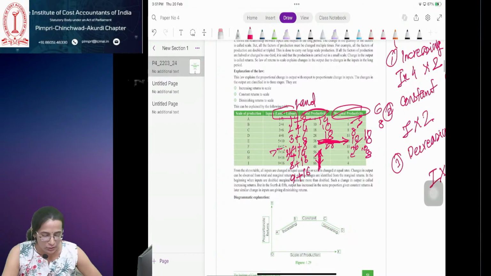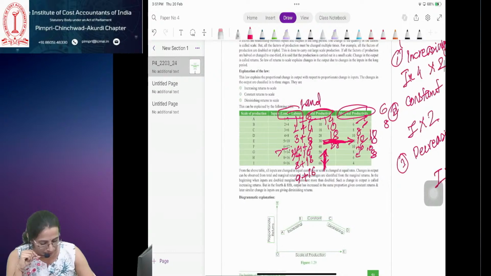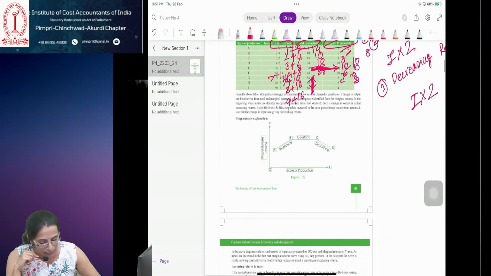See, this law explains the proportional change in the output with respect to proportionate change in the input. The changes in the output are classified in 3 stages: increasing returns to scale, constant returns to scale, and diminishing returns to scale. So, from the above table, all inputs are changed in equal quantities or scale is changed at equal rates.